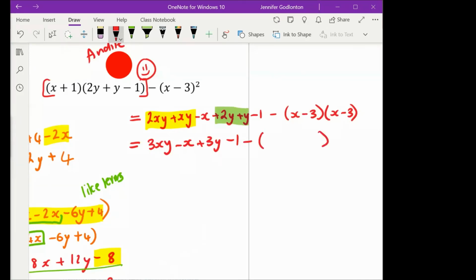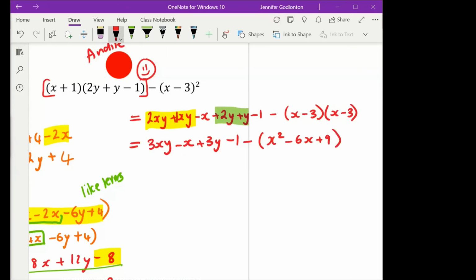Tell me what's going to happen inside this bracket now. So then we are going to simplify the bracket by saying x squared. But I gave the simplified version. I did not expand it. Oh, that's okay. So x squared minus 6x plus 9. Yes, that's what I said.